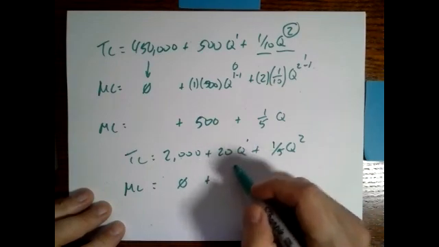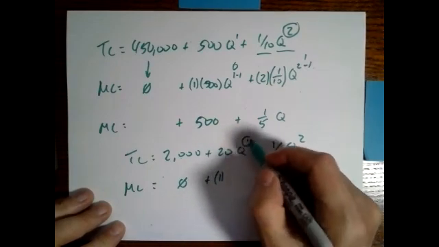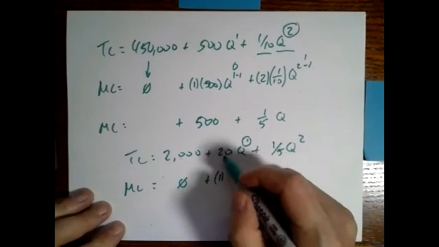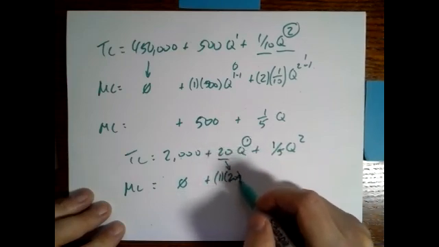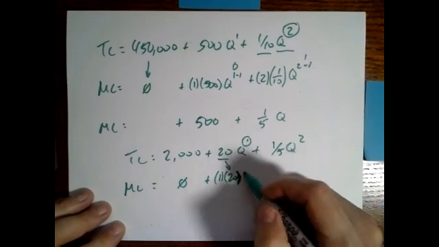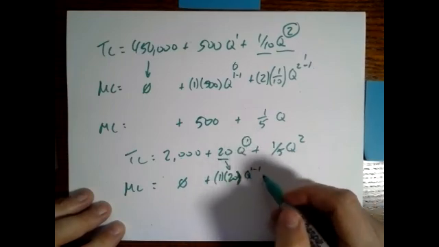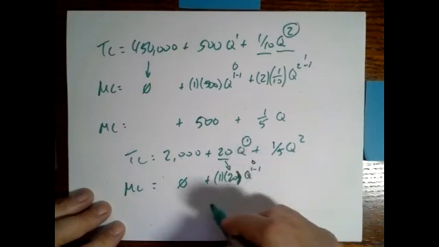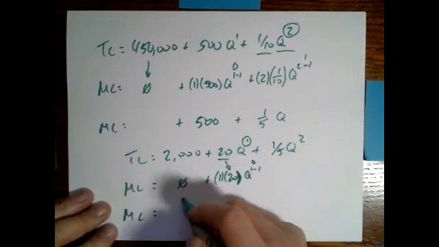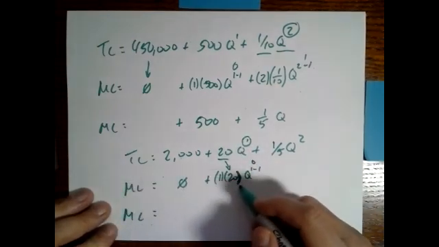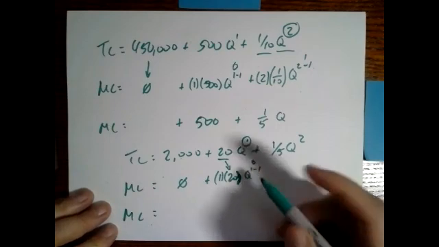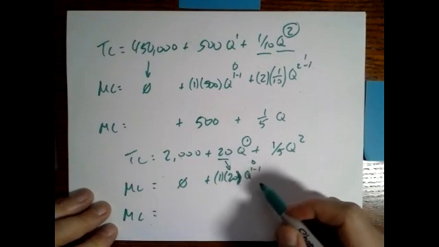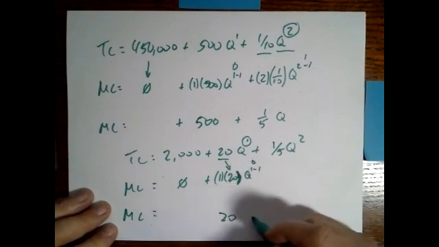So we bring down the 1, we bring down the 20, then Q to the 1 minus 1 becomes Q to the 0. So one more line, we can ignore the 0. 1 times 20 is 20. Q to the 0 is 1, so 1 times 20 times 1 is 20.